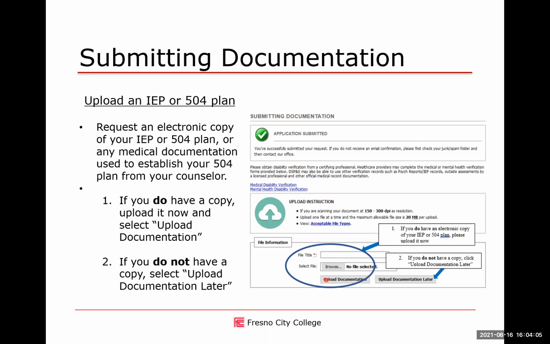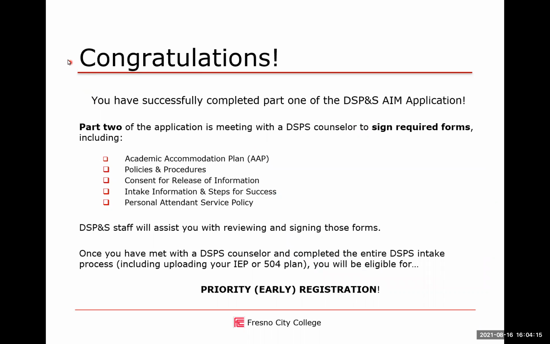If you don't have a copy today, that's okay. We'll get that from you later. So for today, click Upload Documentation later. Congratulations, you have successfully completed Part 1 of the DSPS AIM application.